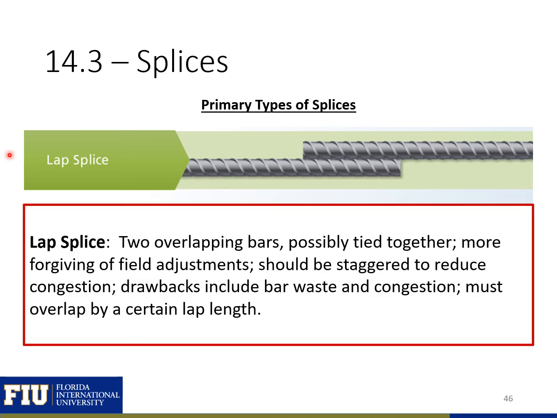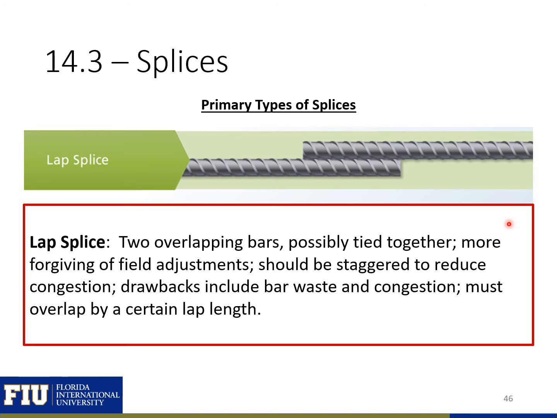Lap splices are when you have two overlapping bars that are possibly tied together. And so you can see we have one bar extending here, one bar extending here, and they overlap by some distance. Lap splices are more forgiving to field adjustments. So they're one of the most common types of splice, but they should be staggered to reduce congestion.